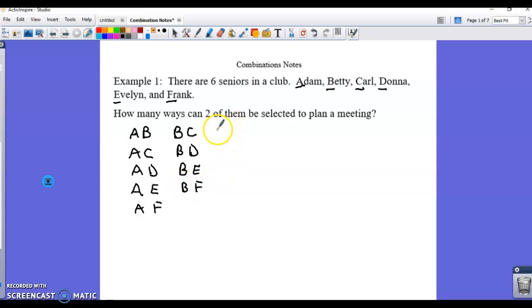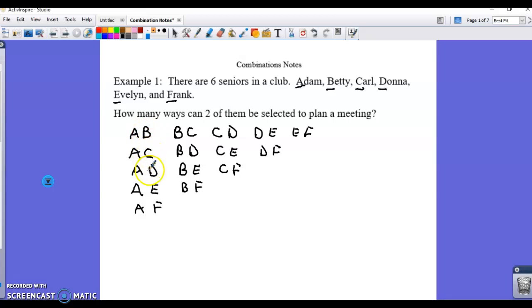And then Carl. Carl's already been with Adam, and Carl's already been with Betty. Carl with Carl wouldn't exist. So Carl with Donna, Carl with Evelyn, Carl with Frank, and then Donna with Evelyn, Donna with Frank, and then Evelyn and Frank, and no need for Frank because he's already been paired with everybody else.